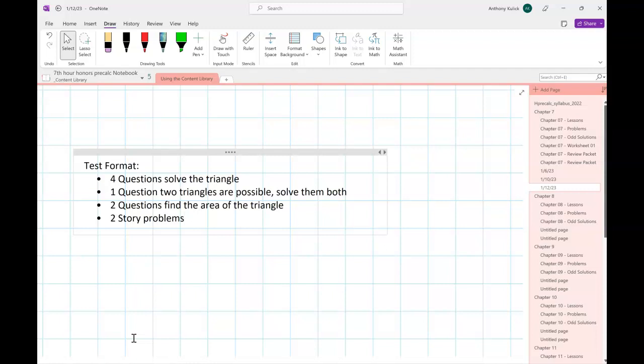So you need to identify the situation and select the correct method. One question where I tell you there are 2 triangles for this problem, and I need you to solve both triangles, similar to the homework problem that we just did, where I knew it was 2 triangles already. 2 questions where I ask you to find the area for the triangle. And then there's 2 story problems where, to find the length or whatever requested in the story problem, you can use the law of sines or cosines.